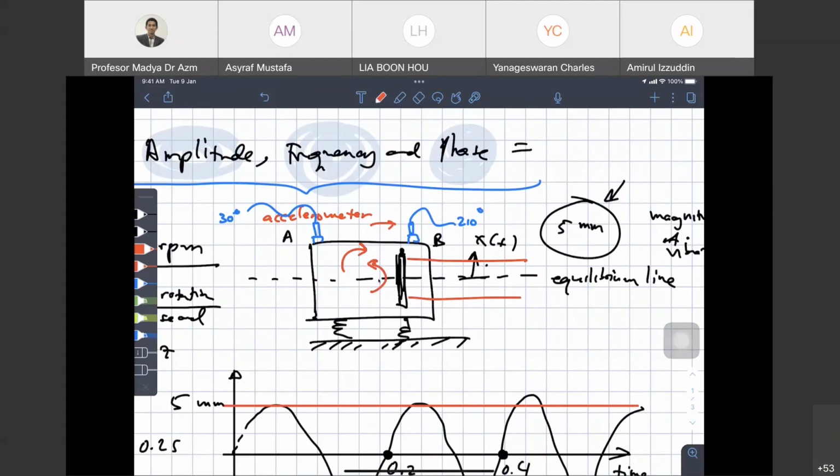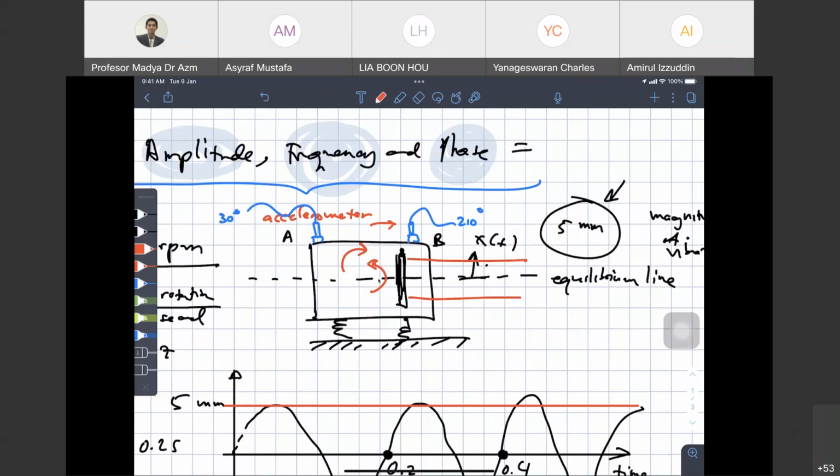If the machine is rocking from side to side, maybe the connection of one of the feet of the machine, where it is bolted into the foundation, is not so strong. So that's why it moves in rocking motion. This is the kind of analysis that we carry out to troubleshoot the problem by using the phase.